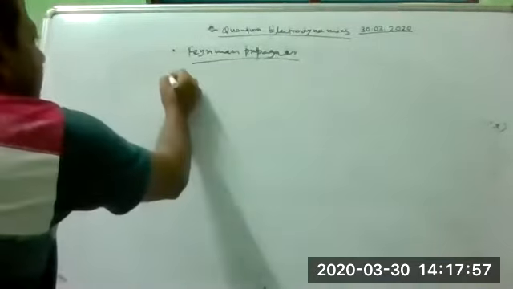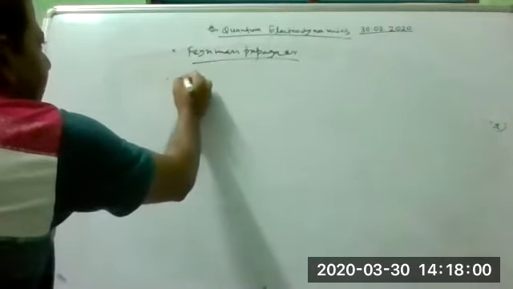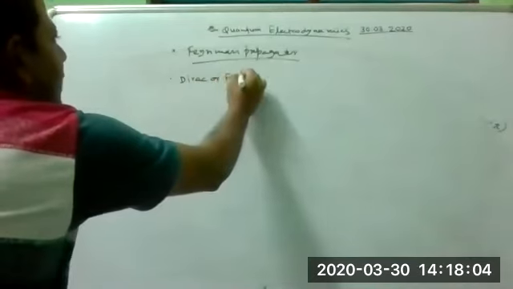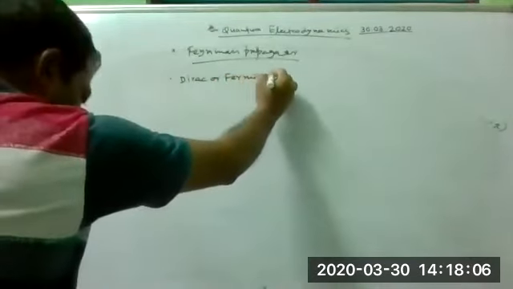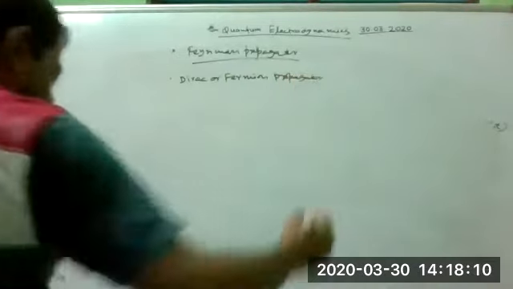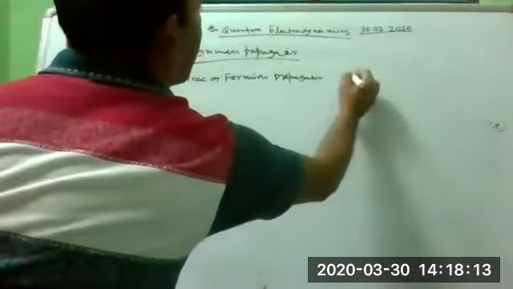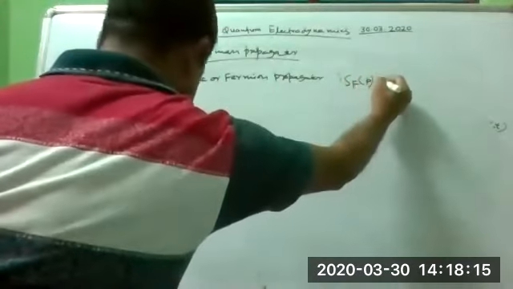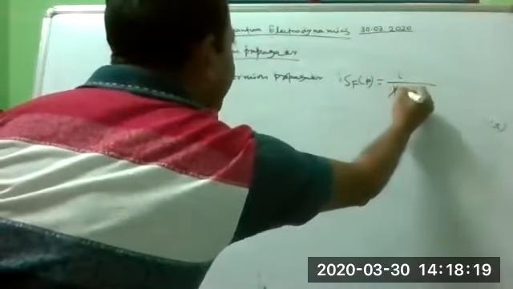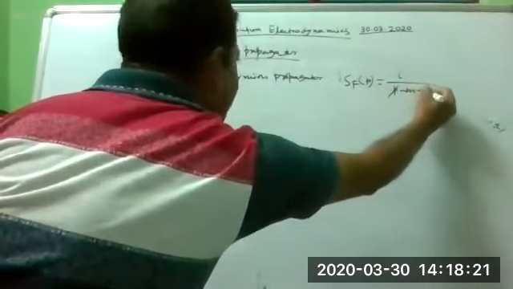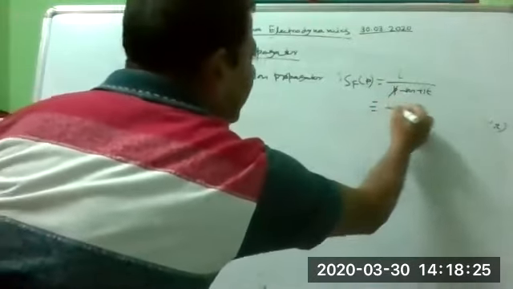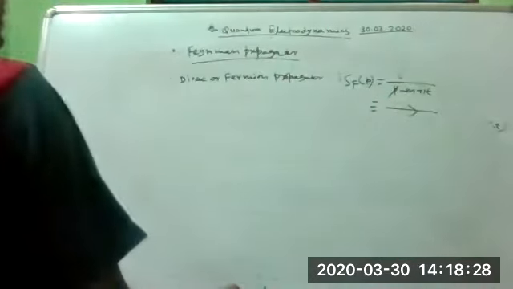So first, the Dirac or fermion propagator is denoted by iSF of p, and mathematically this can be written as i by (p slash minus m plus i epsilon), and is symbolically denoted by this.